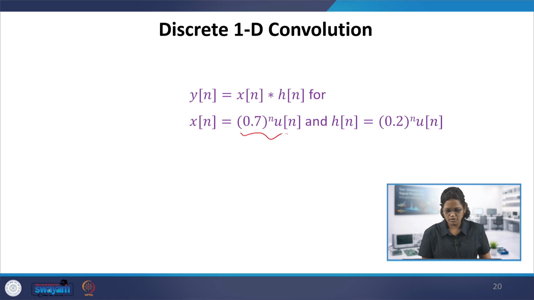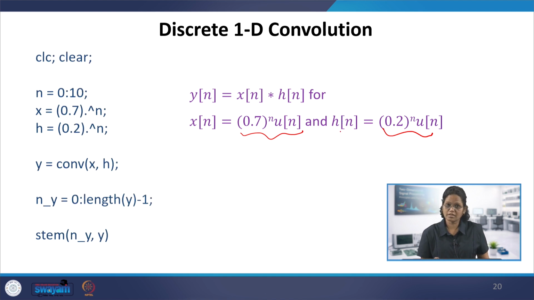The sequences you can plot are 0.7 power n u of n and 0.2 power n u of n. This is also an example which we had done already. You define the index, and x and h are the two sequences. n is defined from 0, so there is no need to multiply by u of n here.